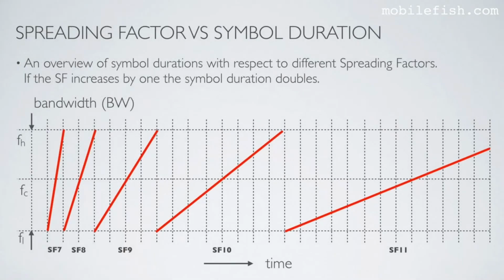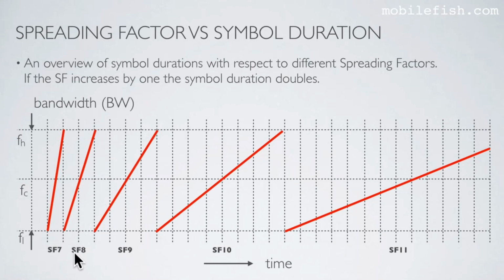Here's an overview of symbol durations with respect to different spreading factors. If the spreading factor increases by 1, the symbol duration doubles. If the spreading factor increases from spreading factor 7 to spreading factor 8, the symbol duration doubles from 1 to 2.